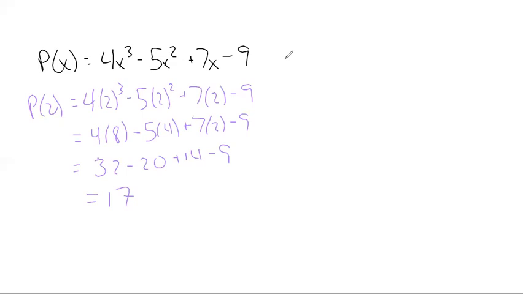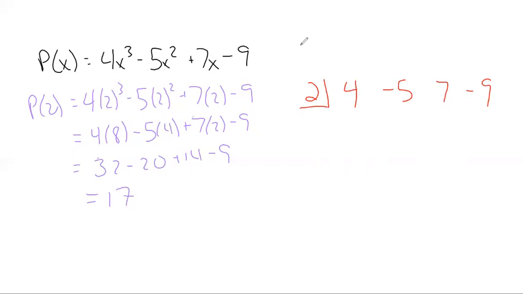I call that the long way. Now I'm going to show you the easy way. A lot of you saw this last year. It's called synthetic substitution. All I'm going to do is take the 2, and then take all the coefficients: 4, negative 5, 7, negative 9.